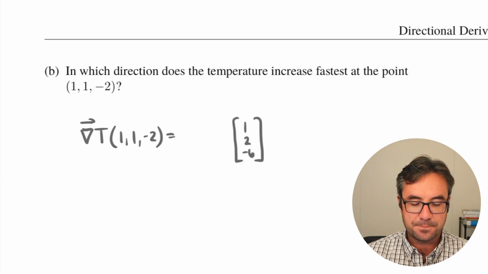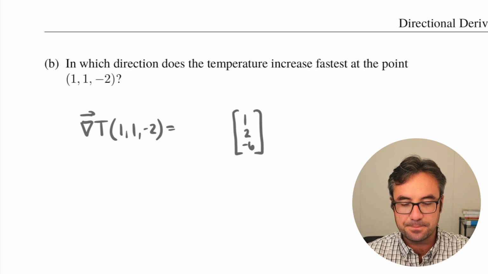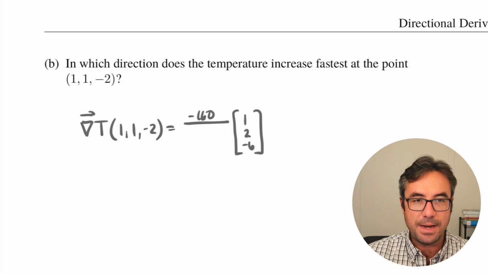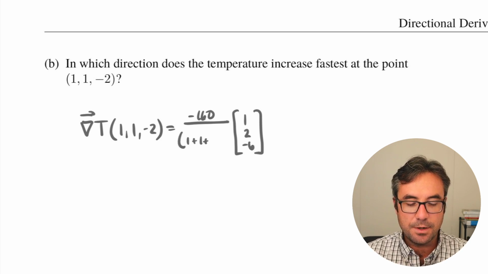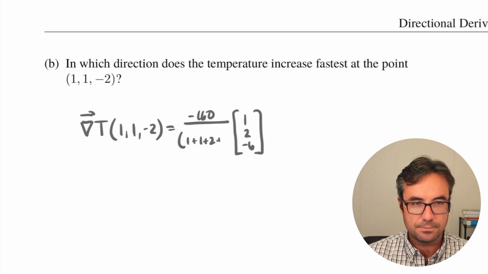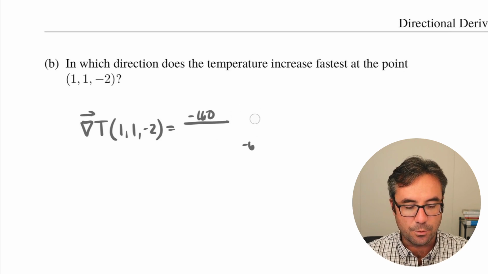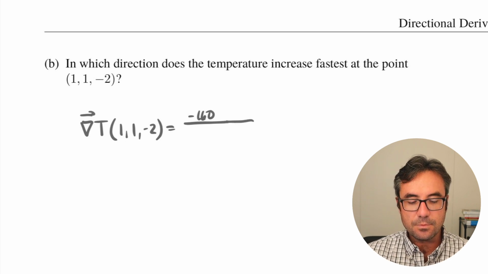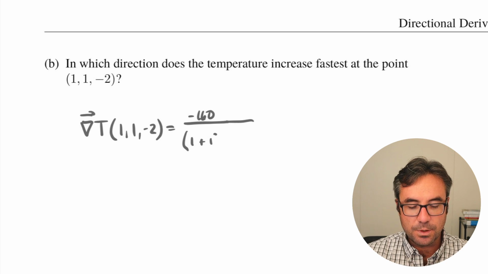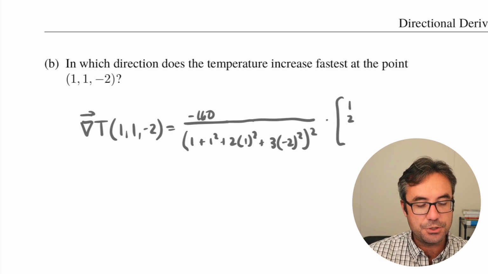When we do that, we're going to end up with negative 160 divided by, when we plug in, 1 plus 1 squared plus 2 times 1 squared plus 3 times negative 2 squared, and then that whole thing squared. And then our vector we said was (1, 2, negative 6).